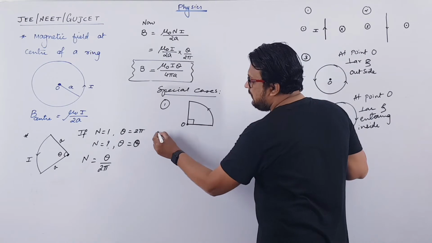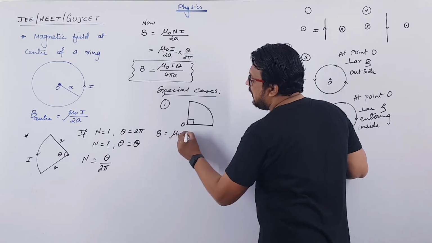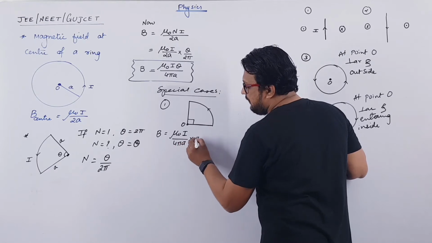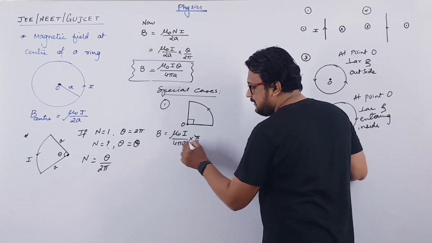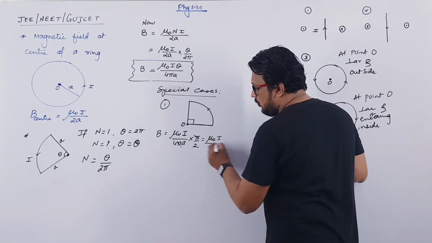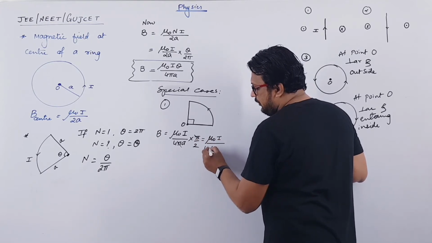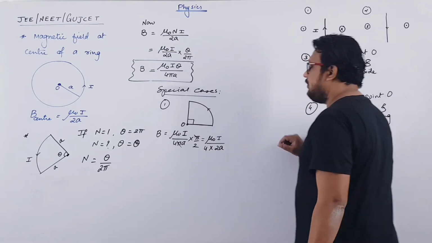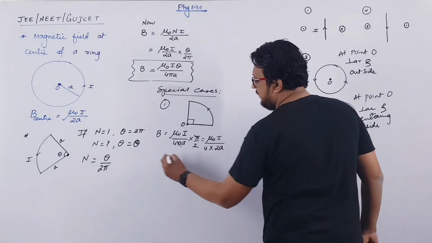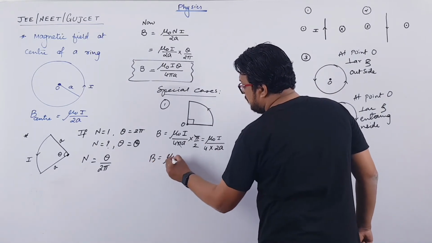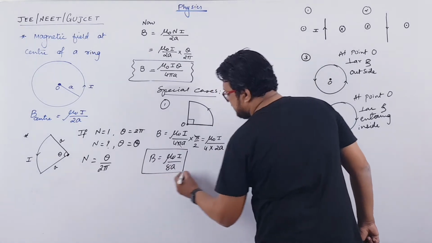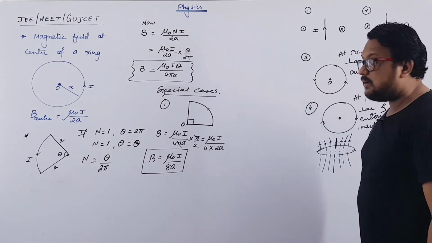Then B will be equal to mu naught I over 4 pi A, and angle is pi by 2. So clearly you can see that pi will get cancelled out. So that is mu naught I over 4 into 2A. 4 2s are 8. You can directly write that B is equal to mu naught I over 8A. You can remember this is the formula.